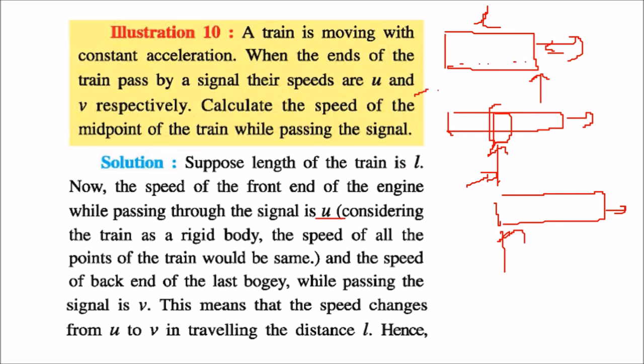And the speed of the last point, the back bogie, while passing the signal, is v. So the speed changes from u to v over a distance L. So this is L, this is the initial velocity, this is the final velocity.